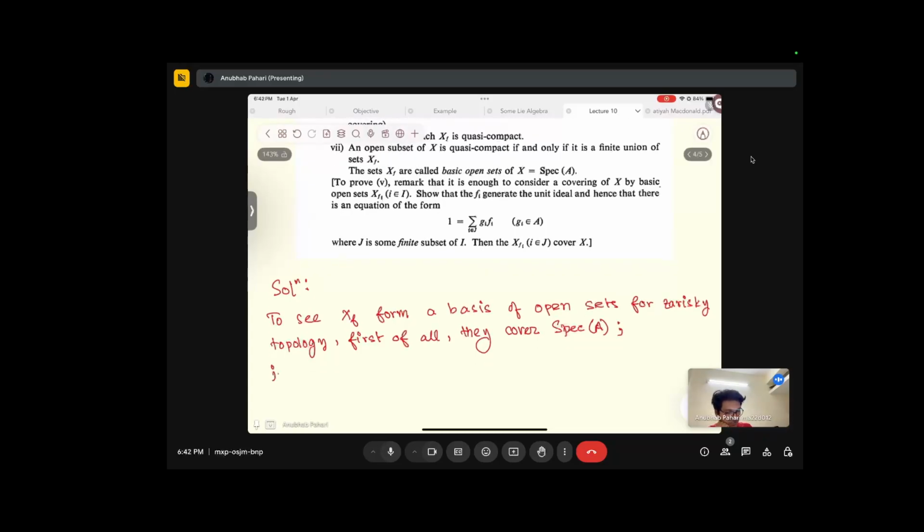So just take f to be a unit, that means f is invertible.